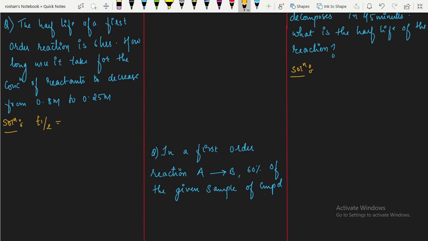So half-life of a reaction is 6 hours and they are also saying that it's a first order reaction. How long will it take for the concentration of the reactant to decrease from 0.8 molar? So can I say initial concentration will be 0.8, and amount left will be 0.25.